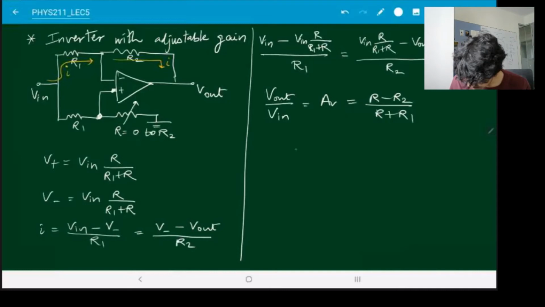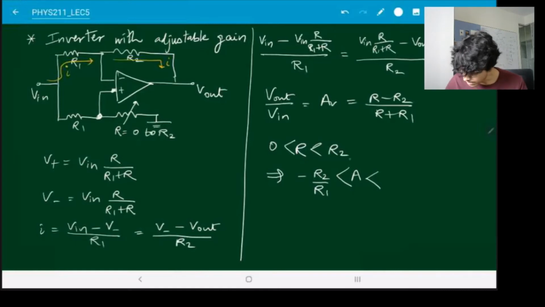So since we have said that R varies from 0 to R2, correspondingly the gain will go from, when R is 0, you will get minus R2 upon R1, and when R is R2, the gain will be 0. So you can adjust your value of gain to be between 0 and negative R2 by R1 by choosing appropriately whatever value of the variable resistance R you want. Alright.